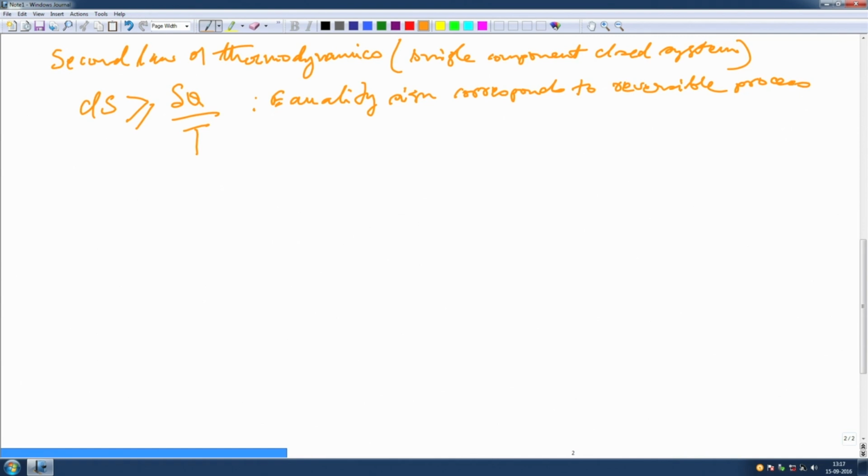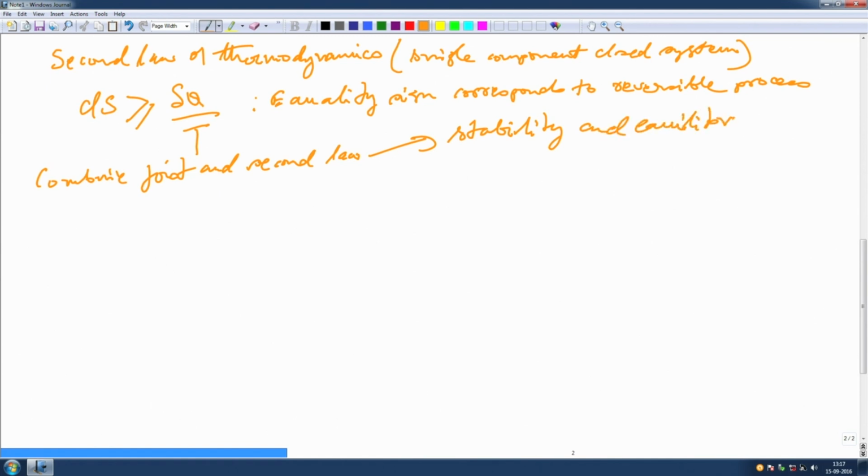Okay. So, if we combine the first and the second law, the purpose of this is basically to determine the stability and equilibrium of a system.